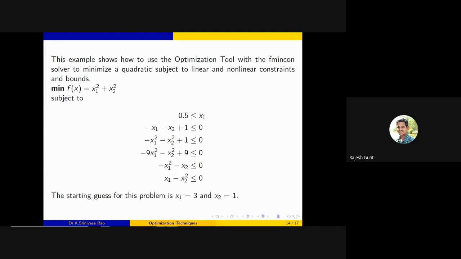For non-linear inequalities and equalities, you have to create an M file. For this objective function, we have to create one M file.